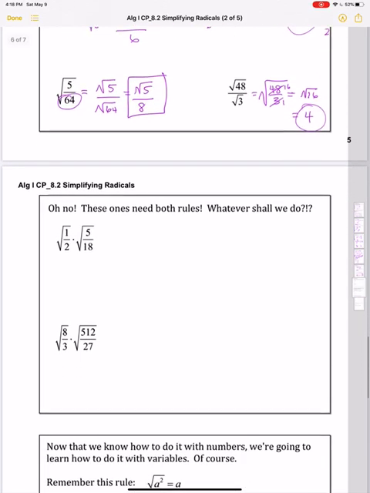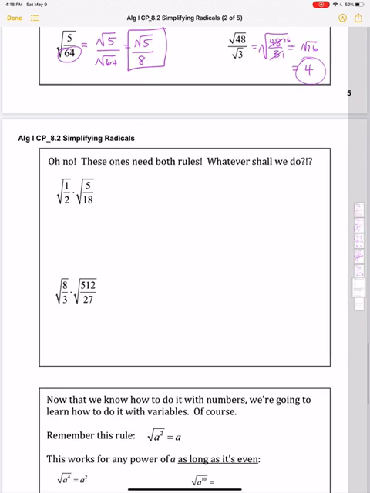Now, of course, we can combine those two options. We can multiply and divide. And so this gets into a smidge of multiplying. Let's see, I could do the square root of 1 times 5 over the square root of 2 times 18.